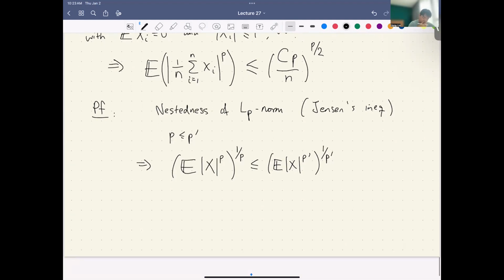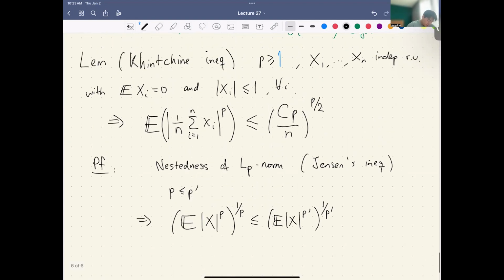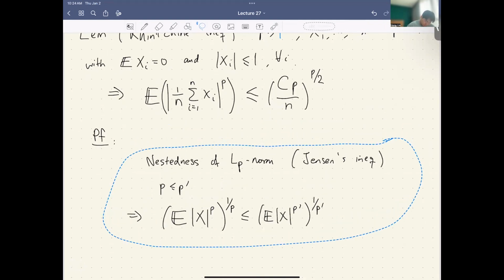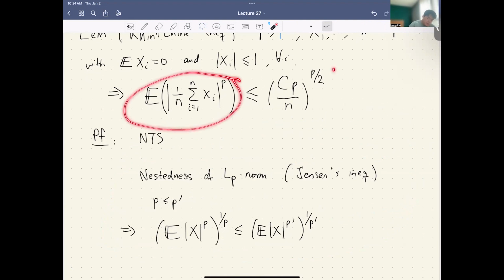Using the nestedness, what do we need to prove? Let's take the pth root on both sides. Then the left-hand side is just the LP norm of this average.